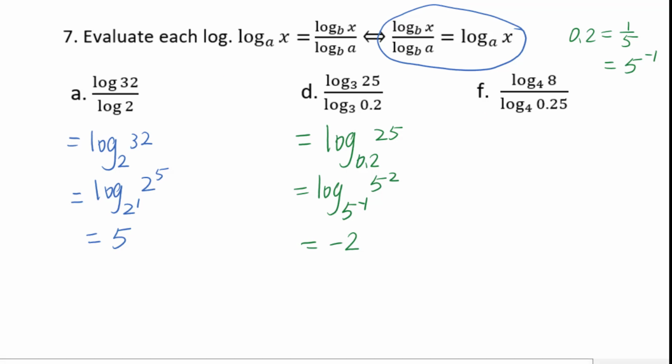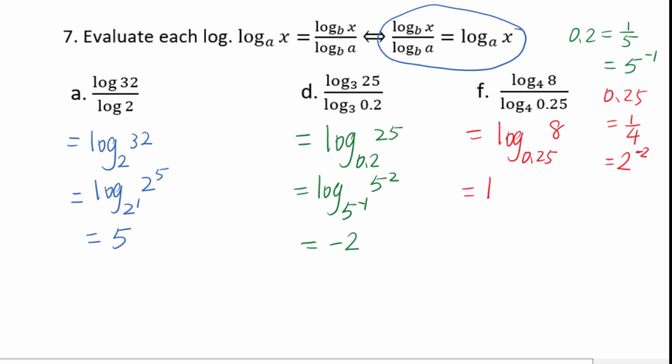Look at the F. Backwards of the change of base formula: log base 0.25 of 8. 0.25 equals 1 over 4, which equals 2 to the negative second power.